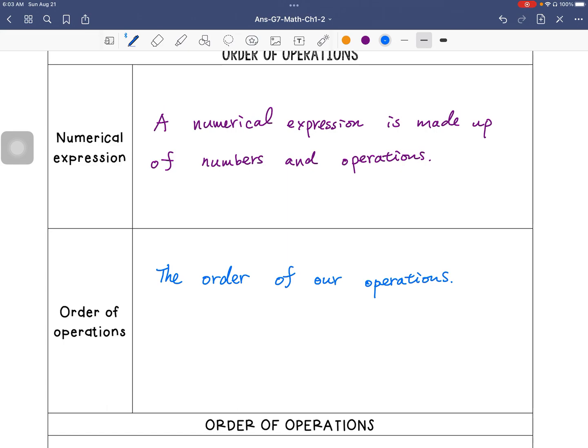So it's the sequence of operations, like which one goes first, which one goes next, which one goes next. So that's order of operations.